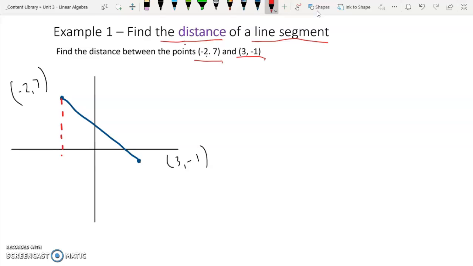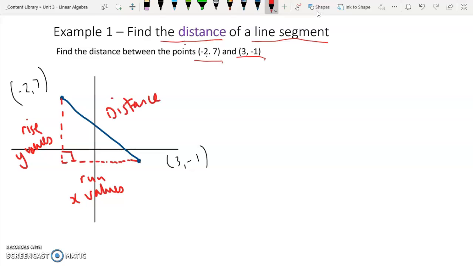If we construct a right angle triangle here, similar to when we were finding the gradient, we find the rise, the difference in the y values, and the run, the difference in the x values, and then we can use this to find the distance here. So we're going to be using Pythagoras' theorem.